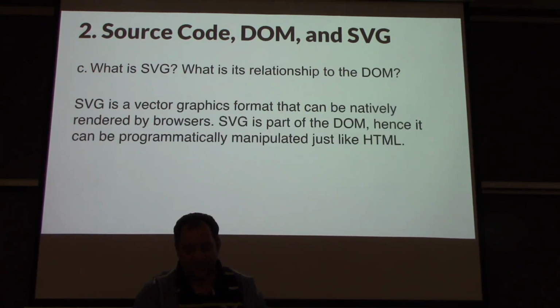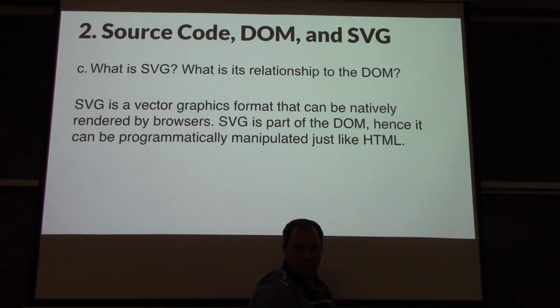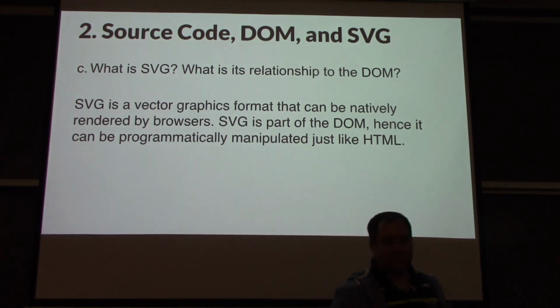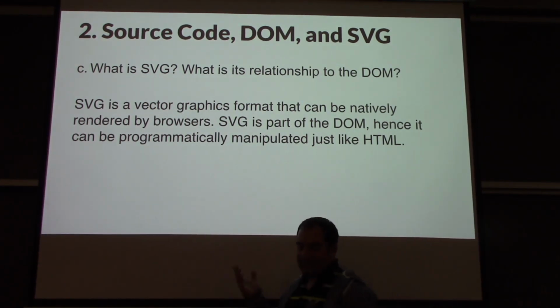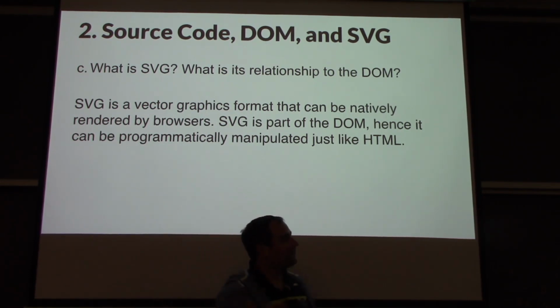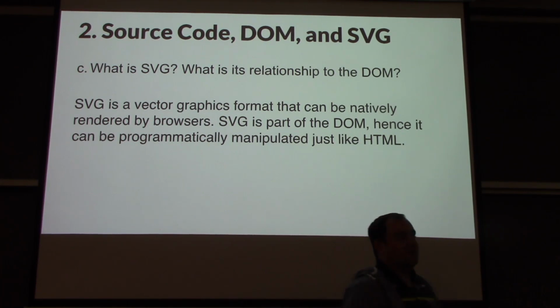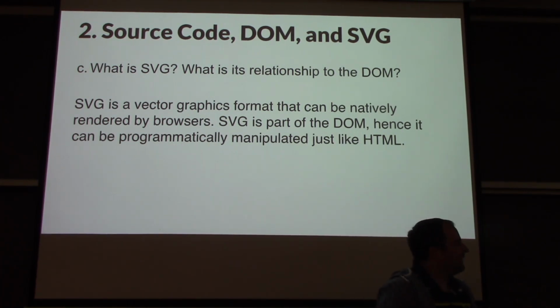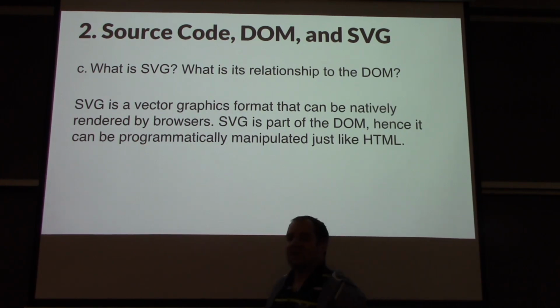And then the C question for this one was, what is SVG? What is the relationship to the DOM? And that's also quite obvious because we've used it so much. SVG is a vector graphics format that can be natively rendered by browsers. This is true for the last 5 or 6 years. What is nice about the vector graphics format?